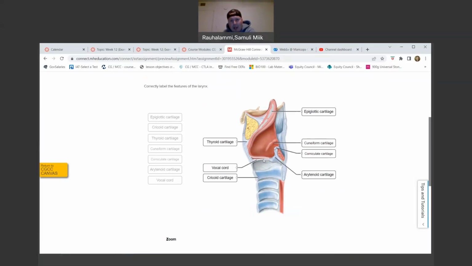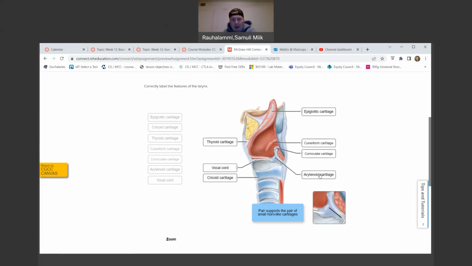Vocal cords are connected to our arytenoid cartilages, and the arytenoid cartilages have muscles connecting to them, which then help to change the position of the arytenoid cartilages, and this way alter the tension of the vocal cord.